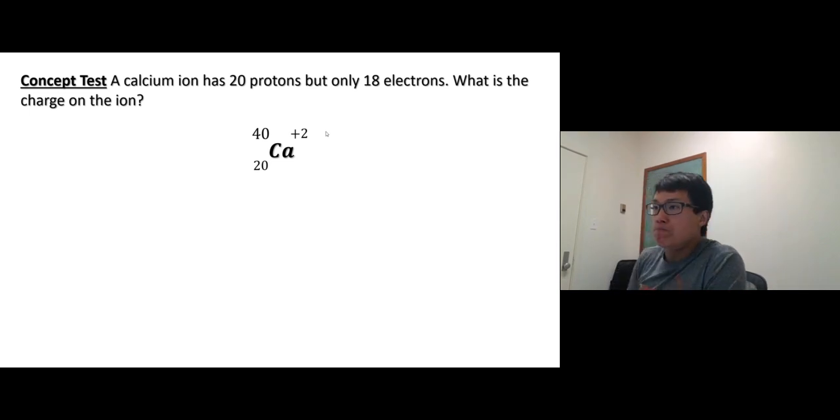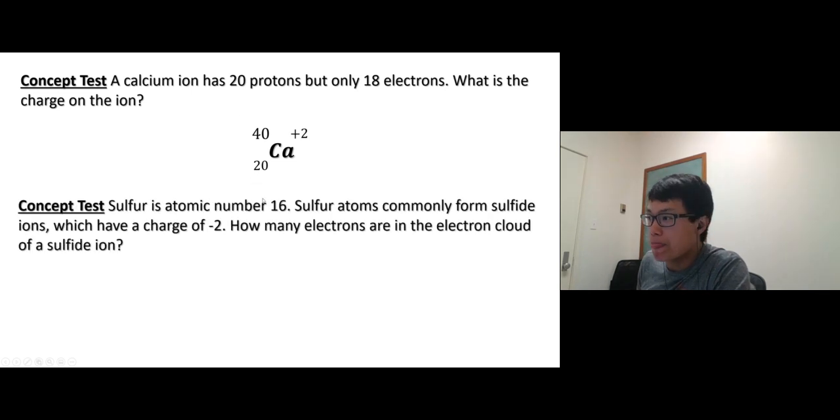Okay. All right. Next one, the sulfur is atomic number 16. Right? A sulfur atom commonly forms sulfide ions, which have the charge of -2. How many electrons are in the electron cloud of a sulfide ion?